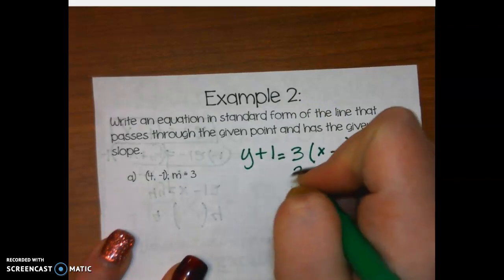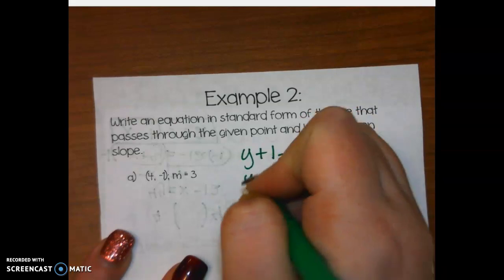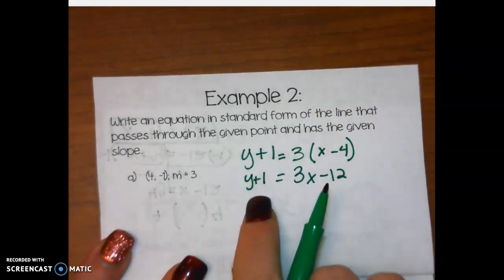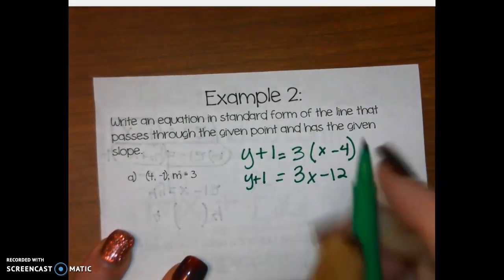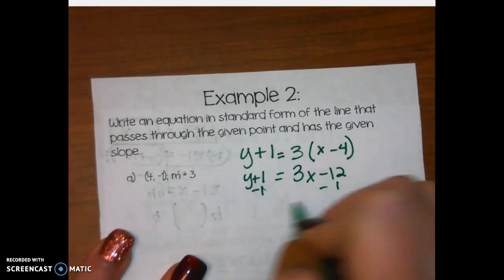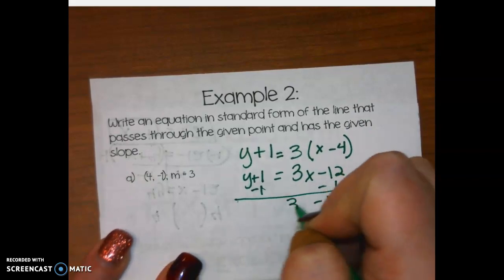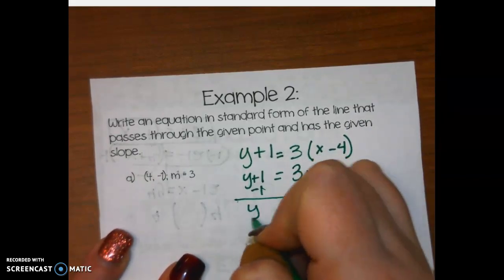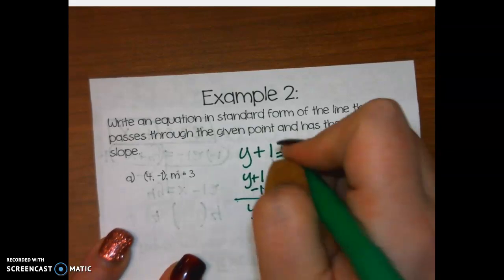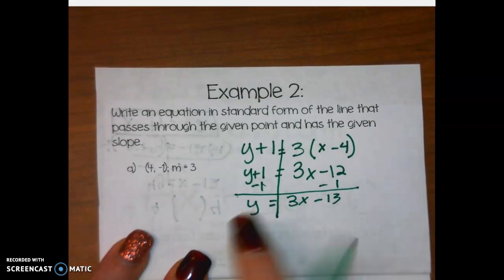So this changes to 3x minus 12, y plus 1. You can move this over, minus 1, minus 1. Don't make the mistake and say negative 11 because this is negative 13. 3x. This is just y. Okay. So now you've got to move your x over.